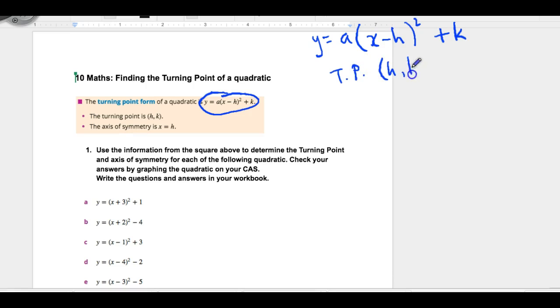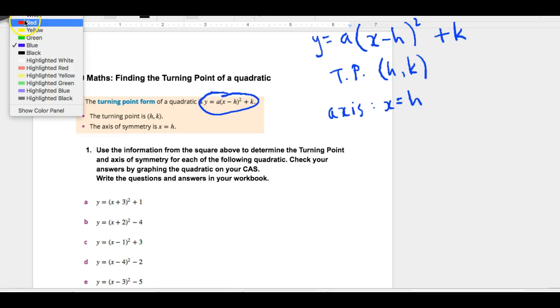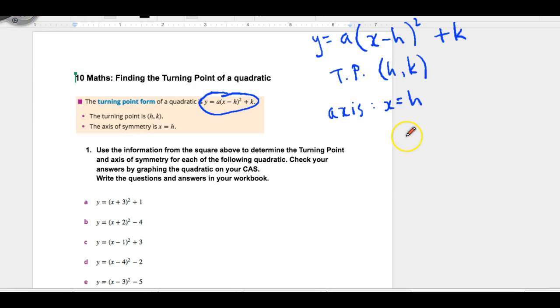It's (h, k). So if you've got the value of h here and the value of k here. Now your axis of symmetry is x equals h. So what that actually means, and I might do this in different colours just to try to make it look a bit better.